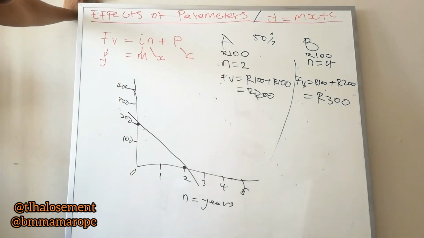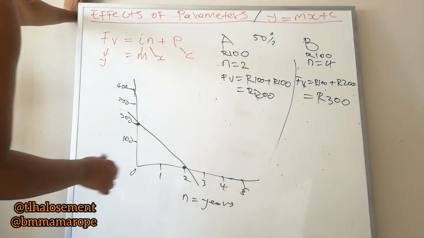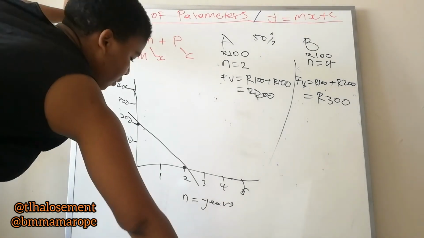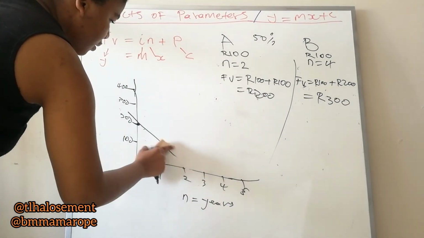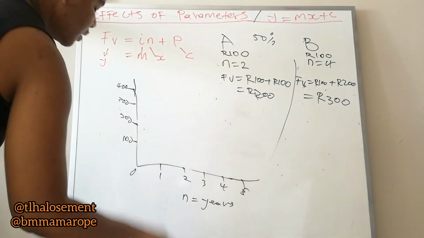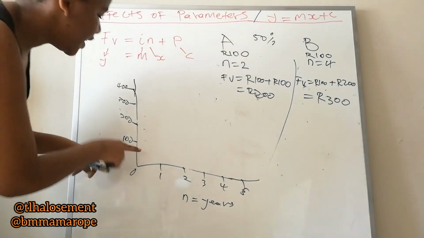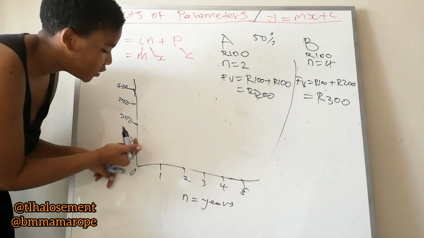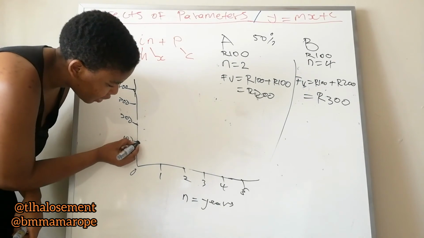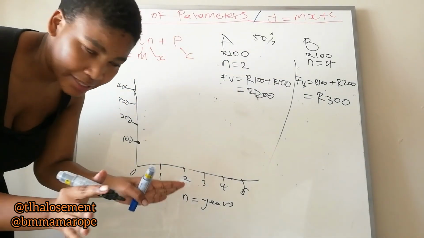No, this is a wrong representation. So what I'm trying to show you here is that they have the same amount of money, which is 100 rand, both of them, but different years.